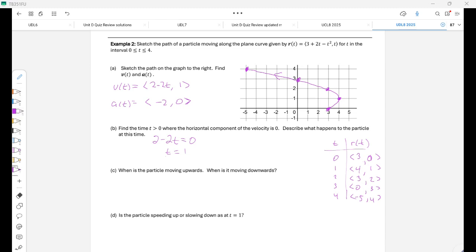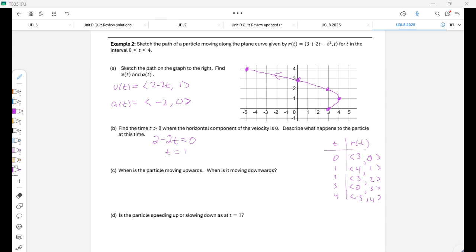So when one of your components is 0, that's when your particle is changing directions, but specifically in that component's direction. So since we're talking about x, at t equals 1, our particle stops moving to the right and starts moving to the left. Has nothing to do with up, down. It's all about left and right.